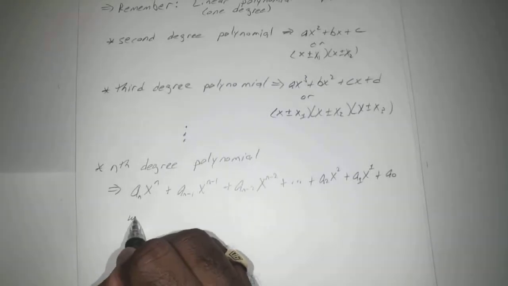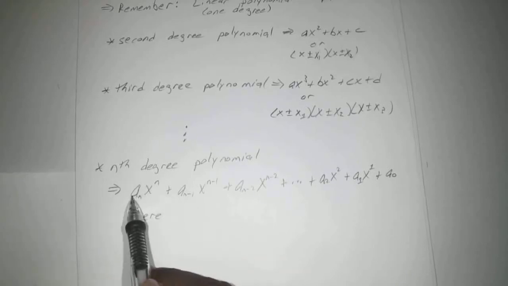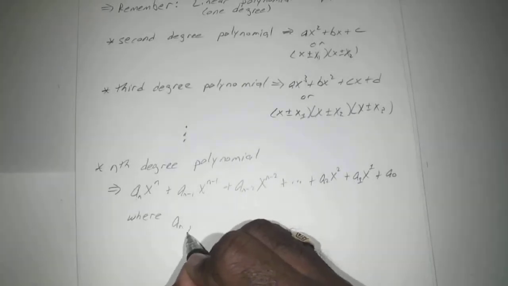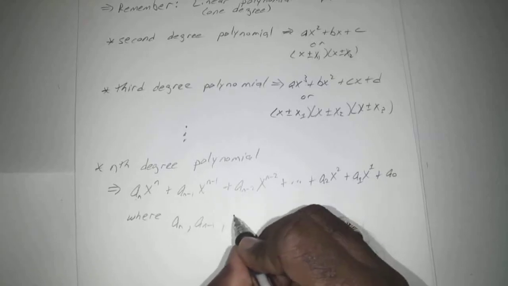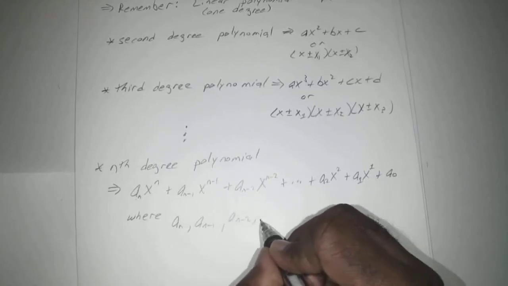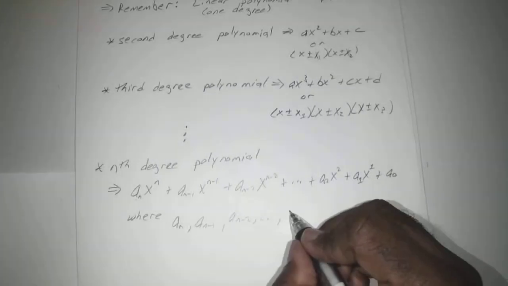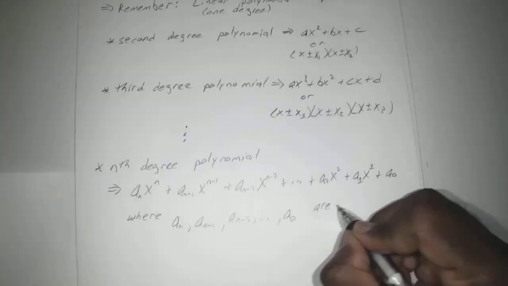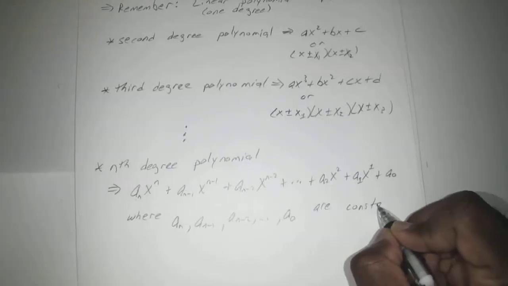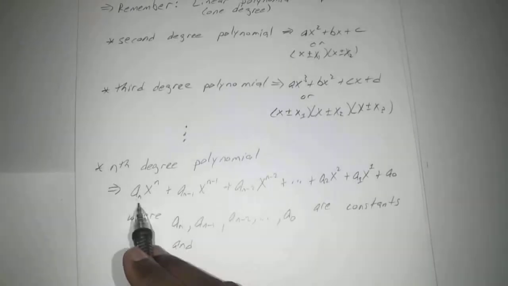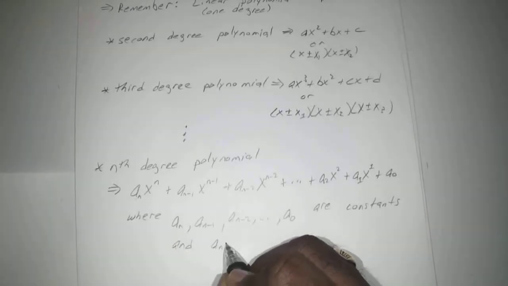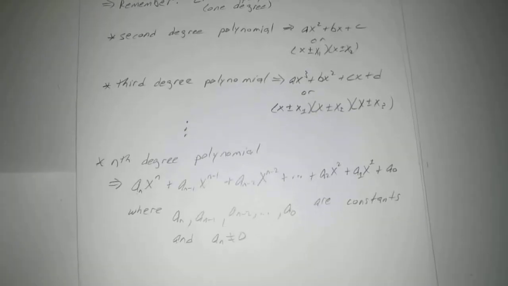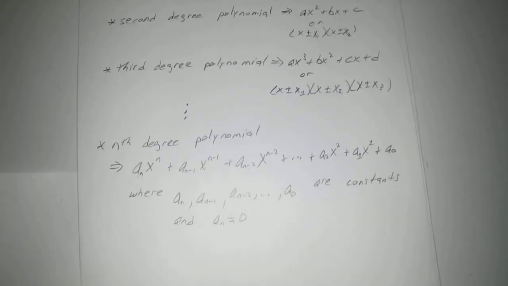Okay, so we know that all of those a's, a sub n minus 1, a sub n minus 2, all the way to a sub 0 are constants. And we know that a sub n is not equal to 0. Okay, so that's a general explanation for an nth degree polynomial.